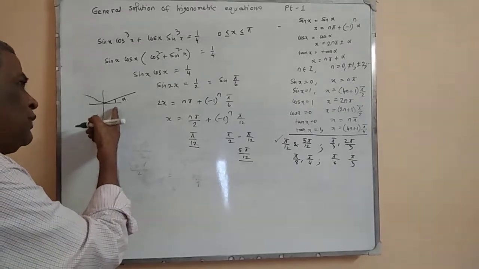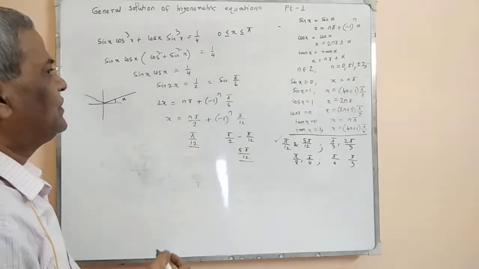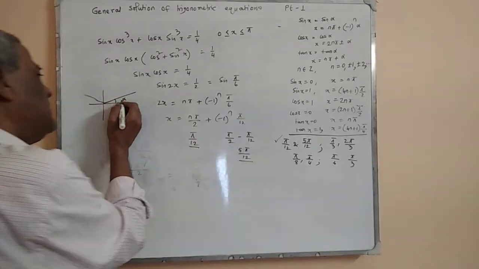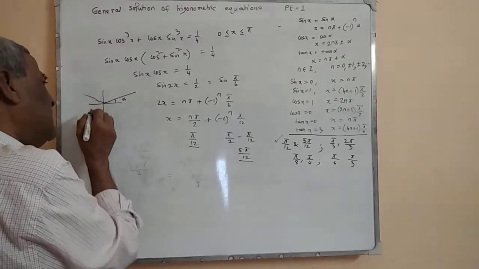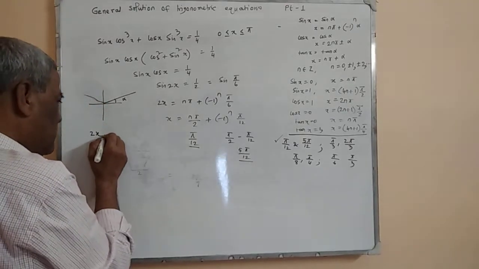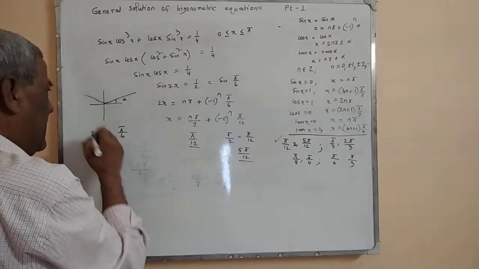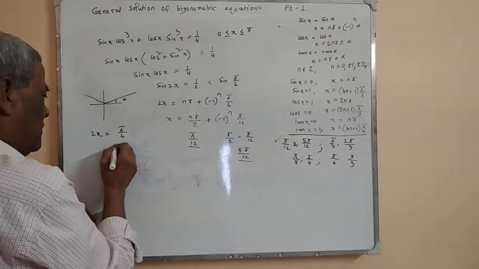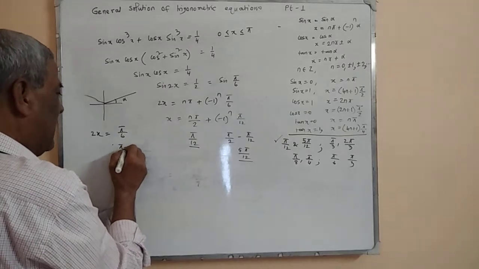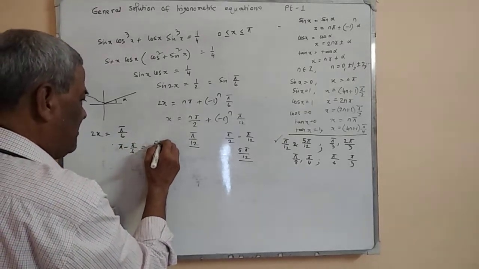The fourth quadrant is not possible either. After that, it is more than 2 pi. So one answer is alpha, the other answer is pi minus alpha. So 2x is equal to alpha, meaning pi by 6, and the other one is pi minus pi by 6, that is 5 pi by 6.